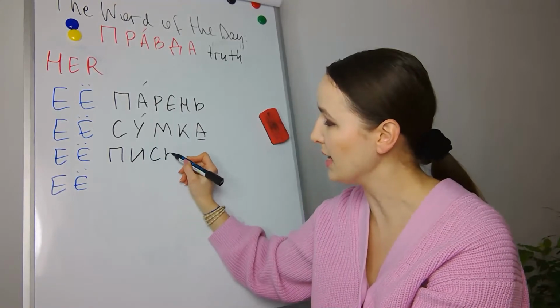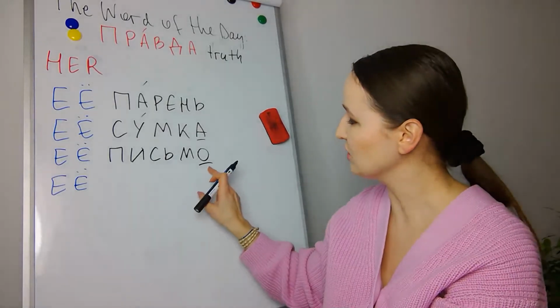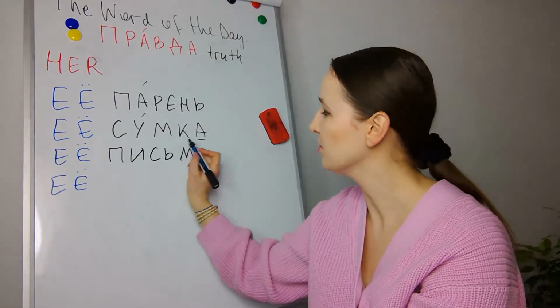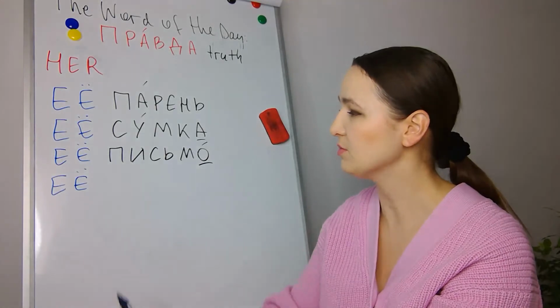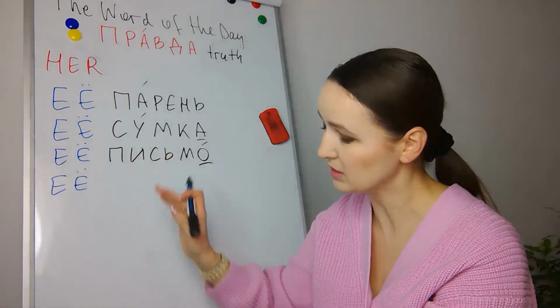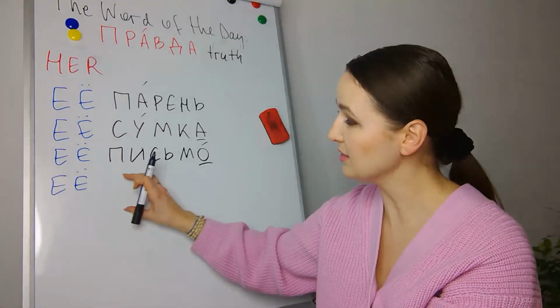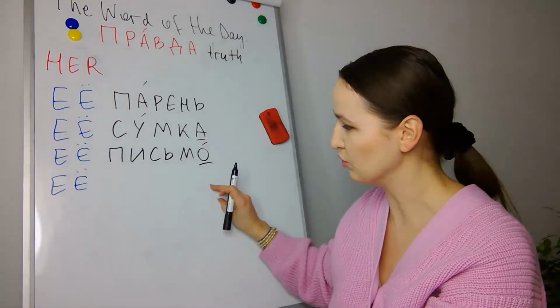Дальше neuter. Её письмо. Письмо ends in o, so it is neuter. Письмо. Her letter. Её письмо. And plural. Её and the noun in plural. Any noun you want.